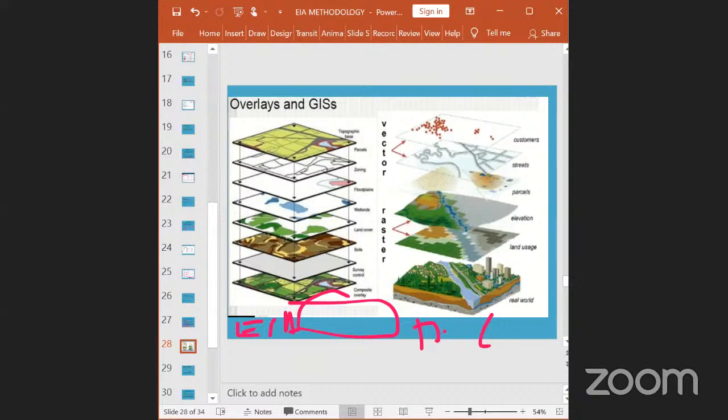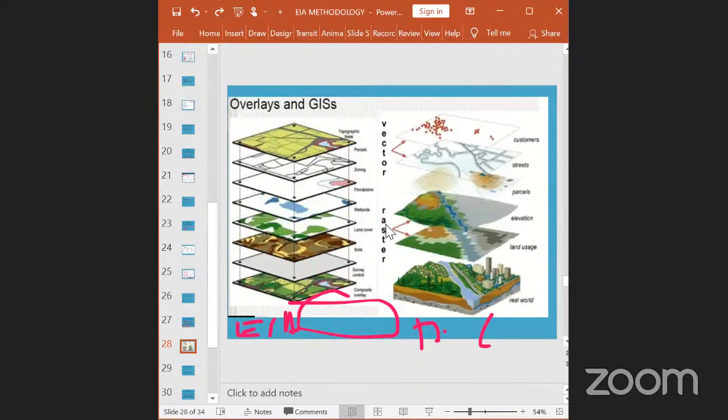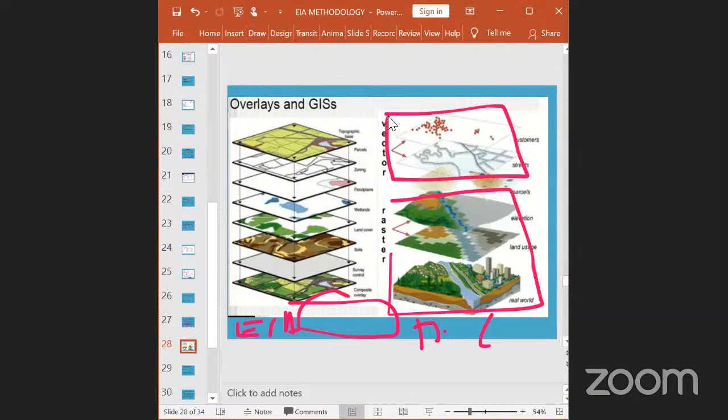These are the techniques that we use to carry out environmental impact assessment, and this is all about the methods that we use to carry out EIA. So this is the raster data, and this is the vector data.